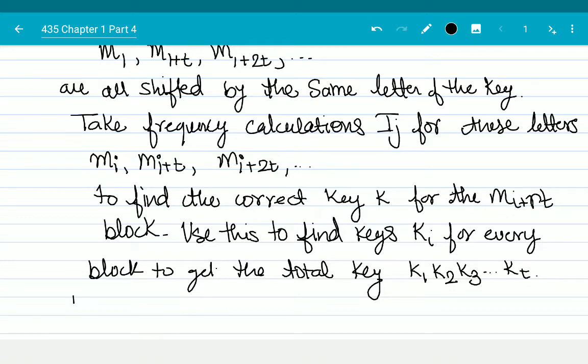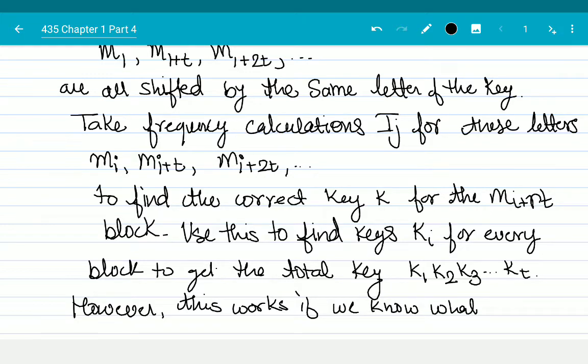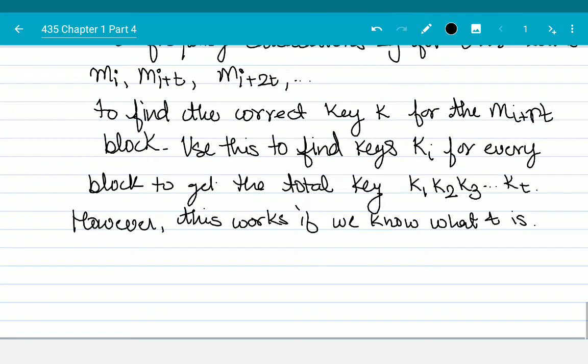However, this only works if we know what t is. The good thing is you can just repeat the calculation for all t's.